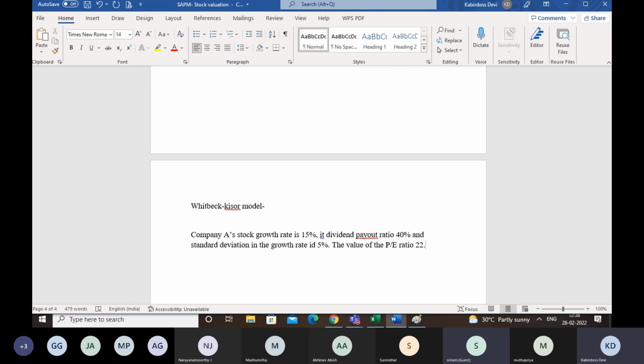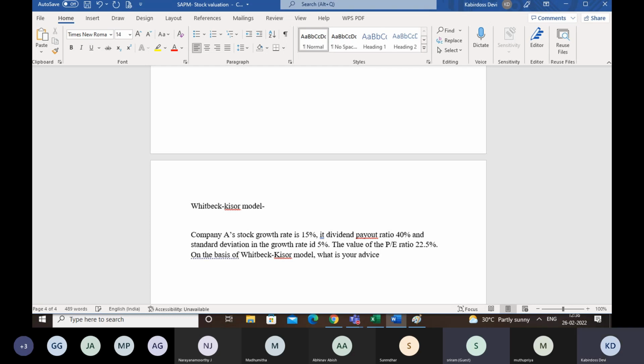The actual PE ratio given in the sum is 22.5. And on the basis of the Whitbeck-Kisor model, what is your advice?